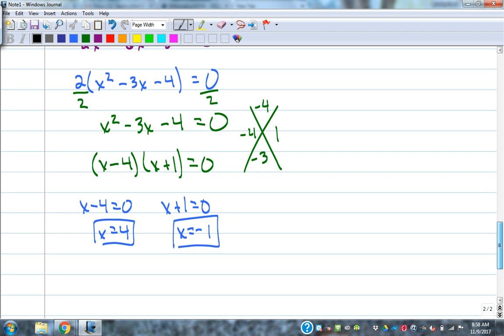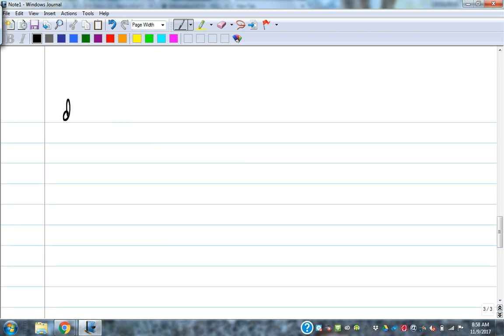Like example D: 5 over x plus 7 over 4 equals -9 over x. So this one, we don't have just one fraction equal to one fraction. On this side, we've got a sum of 2 different fractions equal to another fraction. So cross multiplying is not an option here.